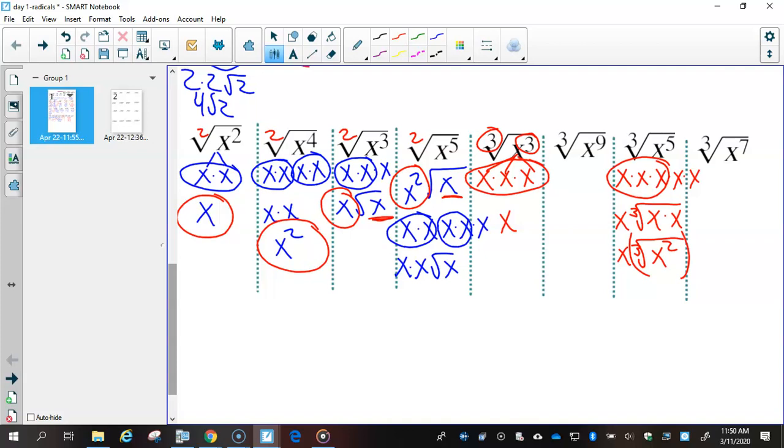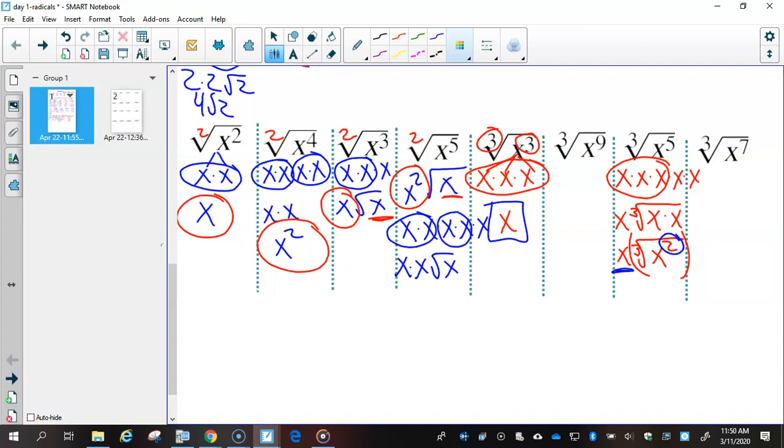The rule that I was talking about when you divide still applies, but now it's different because you have 3's. 3 goes into 3 how many times? Once, with nothing left over. 3 goes into 5 how many times? Once, with how much left over? 2. So you could still do that rule.